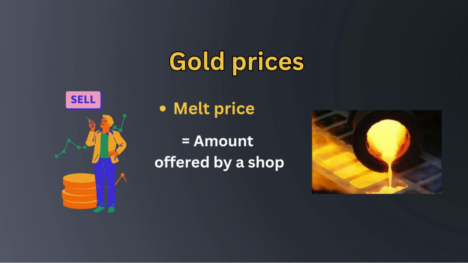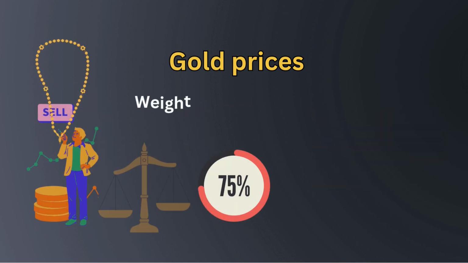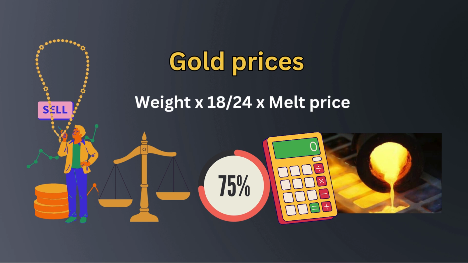The item sold is melted down to extract only the gold. So, for example, if you sell an 18 karat gold necklace, the amount of gold in the necklace is 18 parts out of 24. The shop will buy the gold content at the melt price.